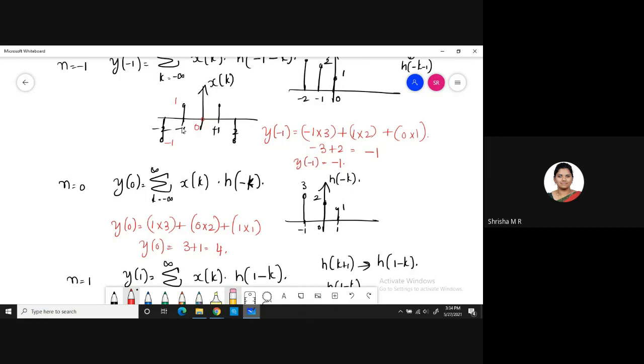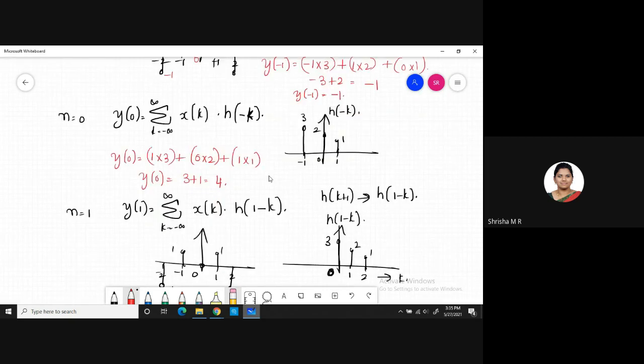So at -1 you have 1 into 3, at 0 you have 0 into 2, at 1 you have 1 into 1. Check the samples at each instant. Multiply their amplitudes at each instant. At -1, check the amplitude of both, multiply that. At 0, check the amplitude of both and multiply that. Multiply the amplitudes only. At +1, amplitude is 1 and 1, so you have 1 here. So y of 0 will be 4.